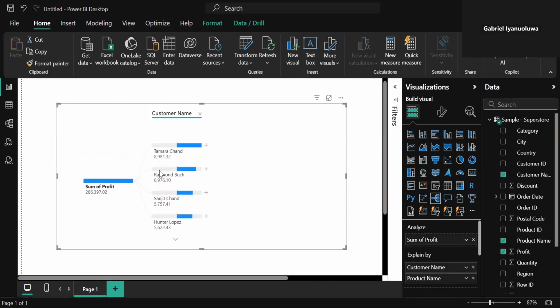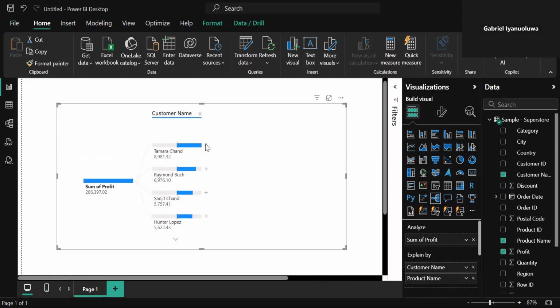Now under this Tamara Shard, if I click on Tamara Shard, I'll be able to know the products this particular person has contributed. In other words, from here I'll be able to know where this man has not contributed.